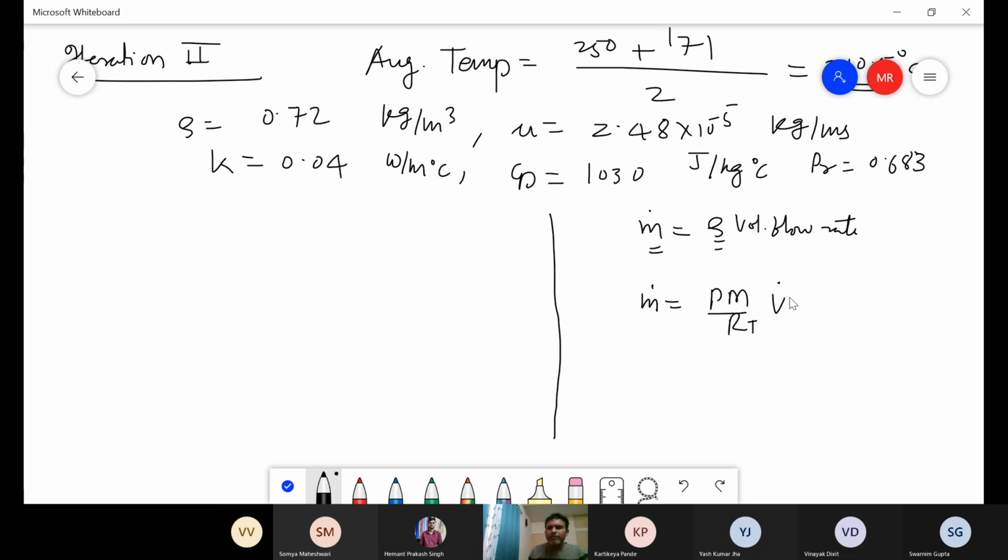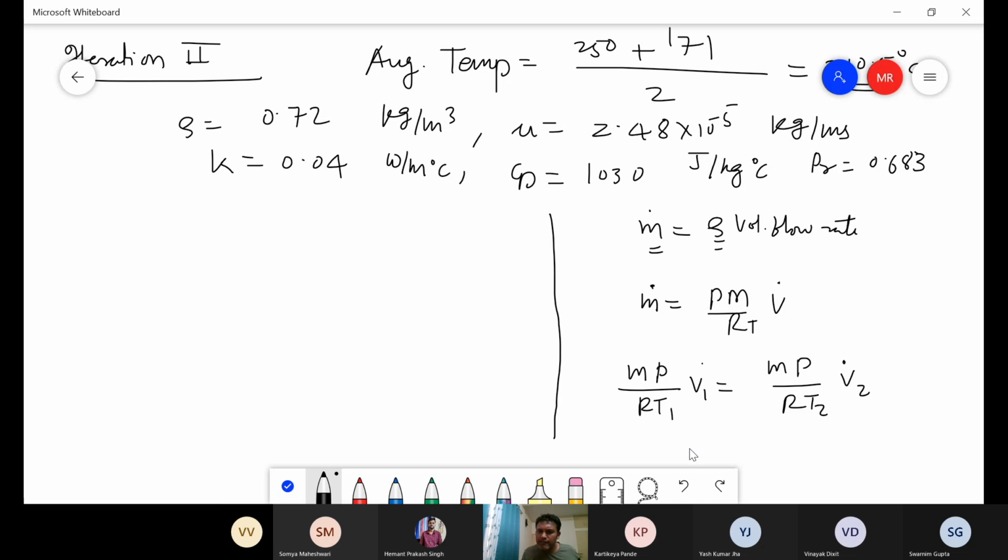So these are the volumetric flow rate. So for two cases, MP by RT1 V1 dot should be the same as MP by RT2 V2 dot. These dots are nothing but volumetric flow rate, and this is mass. Sorry, this is not mass flow rate. Mass flow rate is only this.